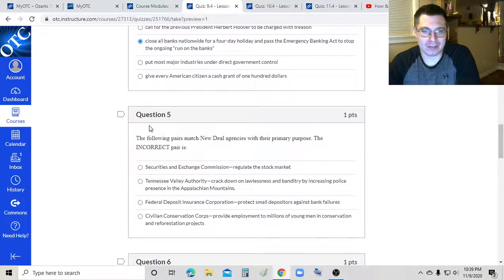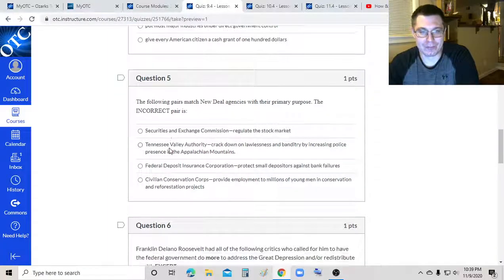Question 5. Which of these is incorrectly paired? So, was the SEC to regulate the stock market? Yes. Was the Tennessee Valley Authority set up to crack down on lawlessness and banditry by increasing police presence in the Appalachian Mountains? No. This is our incorrect one right here.